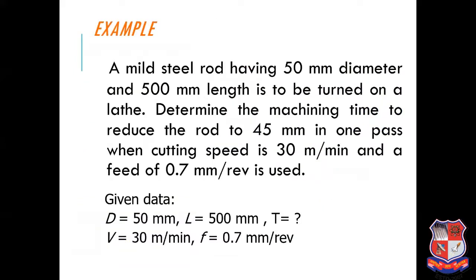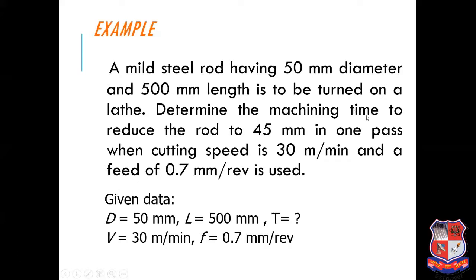So I have taken one example to understand how to find out the machining time for the turning operation. A mild steel rod having 50 mm diameter and 500 mm length is to be turned on a lathe. So diameter capital D is given, D = 50 mm. Length of the job is given, 500 mm.